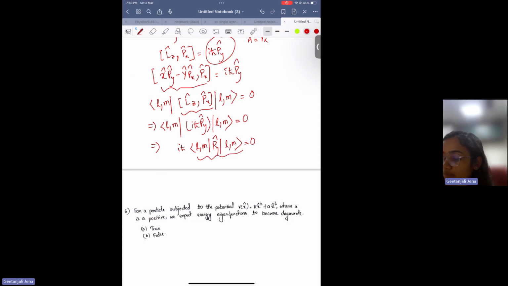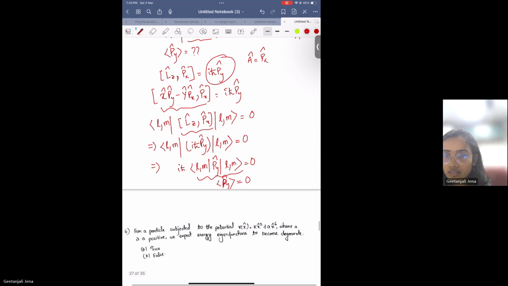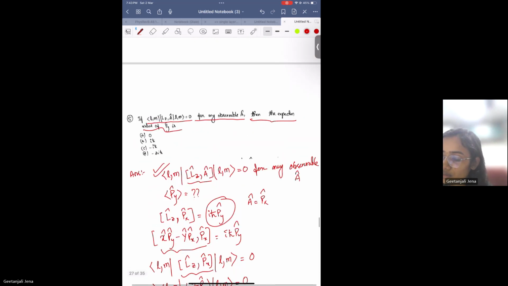That means this is nothing but the expectation value of Py, so the expectation value of Py is 0.